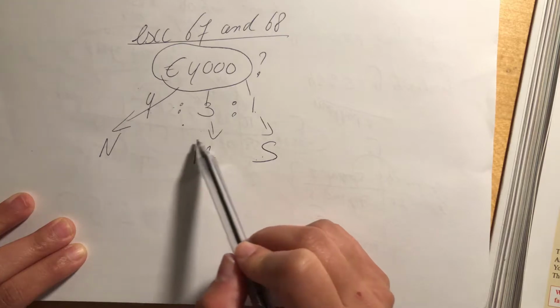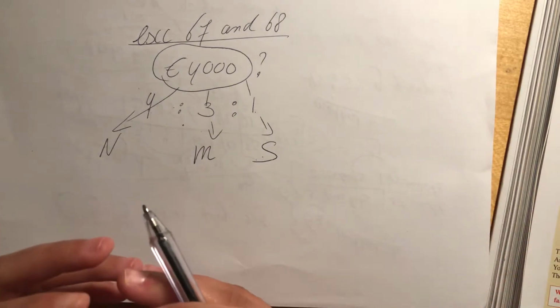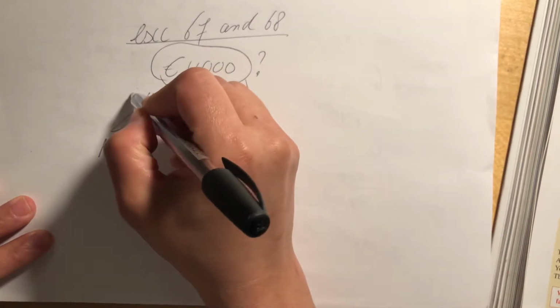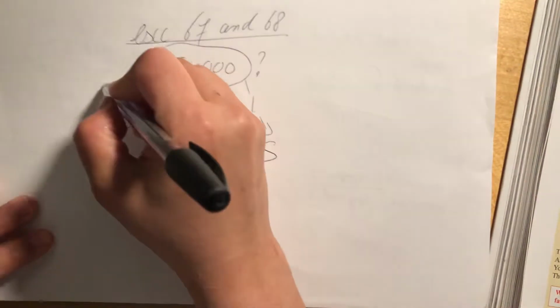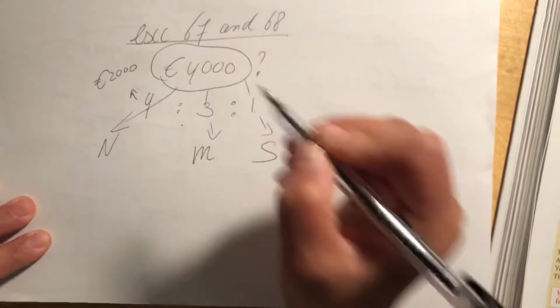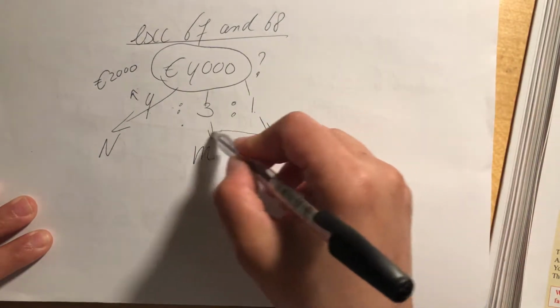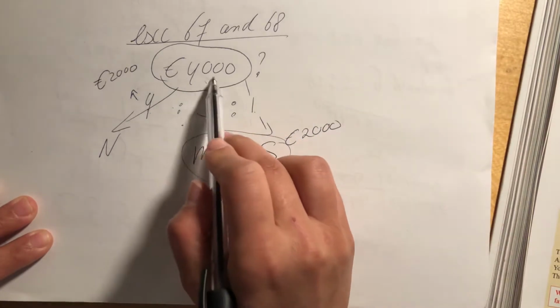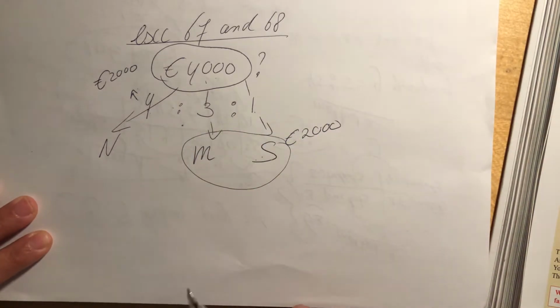So 8 would be everything. So if Nikita is getting 2,000, Melvin and Simon should get together also 2,000, because the total amount is 4,000.